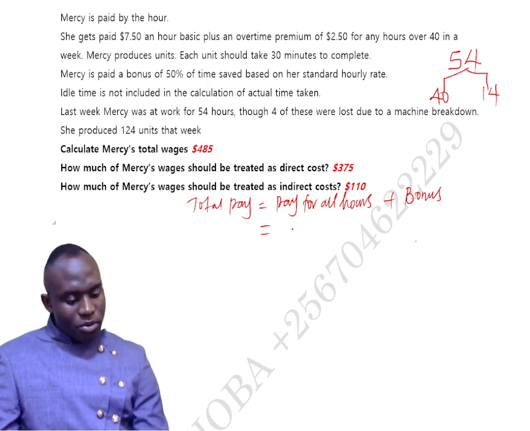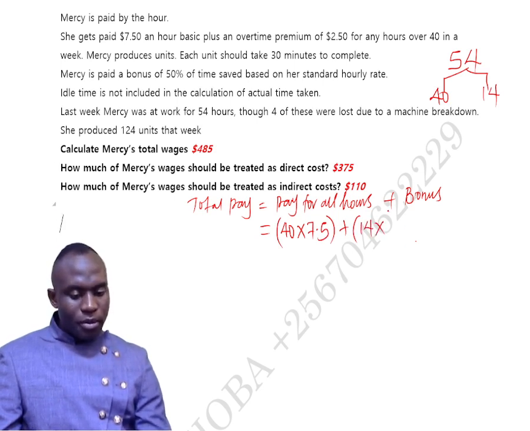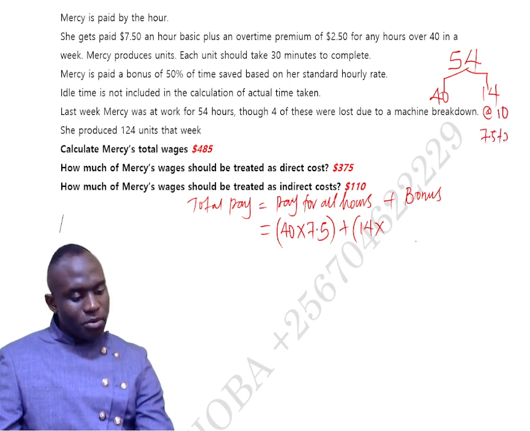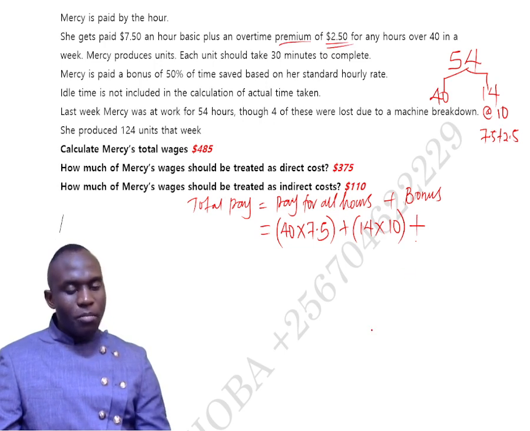So total payment would be payment for 40 hours times the basic rate, which is 7.5. Then for the extra 14 hours, the payment is 7.5 plus 2.5, so these will be paid at 10, because when you work overtime, the premium is an addition. Then plus the bonus.